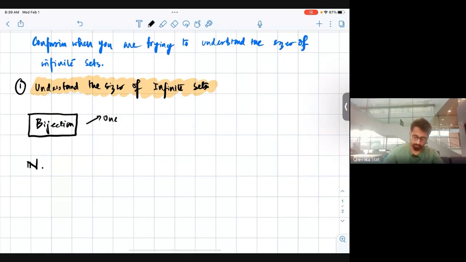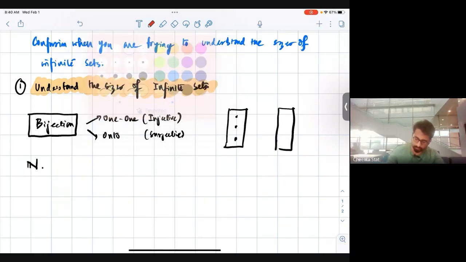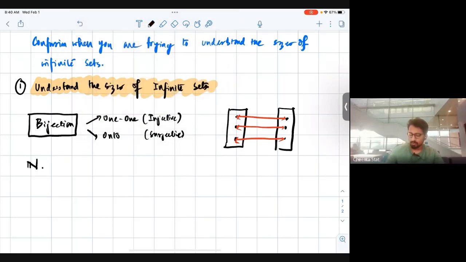Okay. So 1 to 1 is called injective maps, and onto is called surjective. So in some sense, geometrically, if we have these three elements here, each element is a 1 to 1 output, and also surjective.